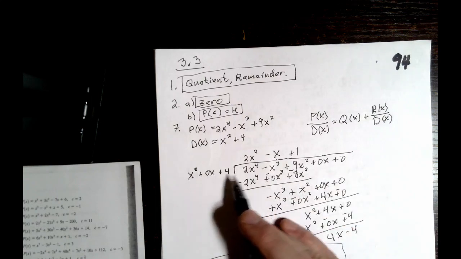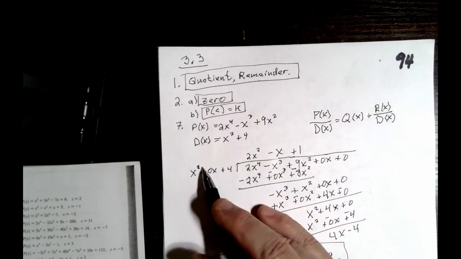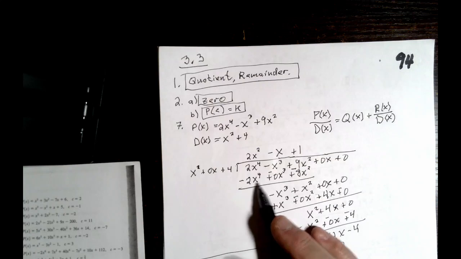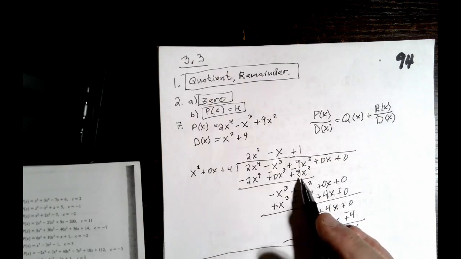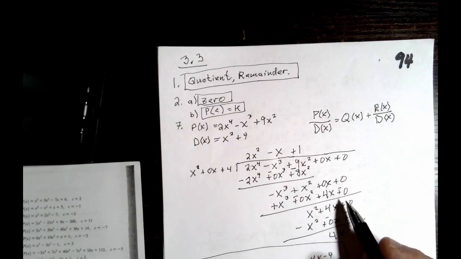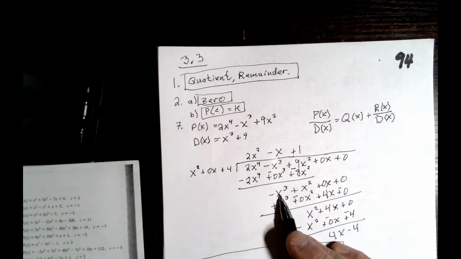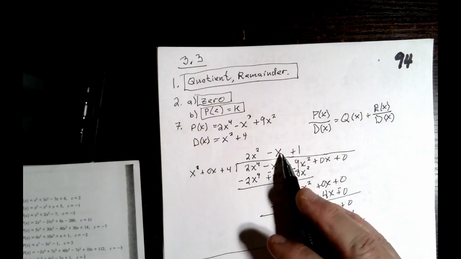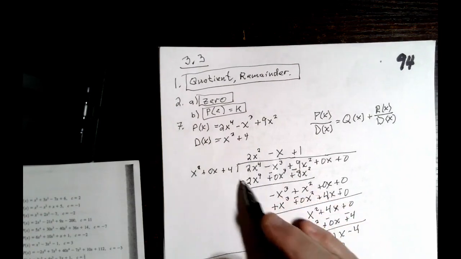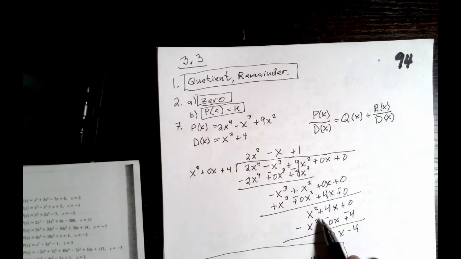And so x squared times what gives me 2x to the 4th? Well, 2x squared. 2x squared times each of these gives me this. I change my signs and I add, and I get this guy, and I bring down some more stuff. Then I ask how many x squareds go into minus x cubed. Well, it's minus x. So minus x times each one of these gives you this. Change your signs and add, and you get this.